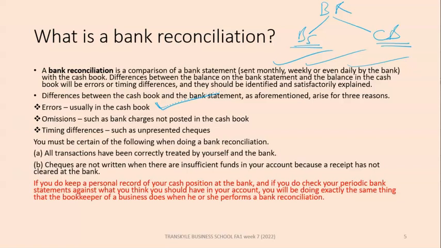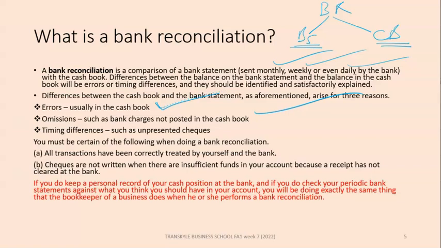Let us just consider errors which have happened in our cash book. Let's say maybe we made some errors when we were recording the cash book, so we need to do something. Then omissions such as bank charges not posted in the cash book. Sometimes the figures between the bank statement and the cash book differ because there could have been some bank charges which we would not have considered in our updating of the cash book.